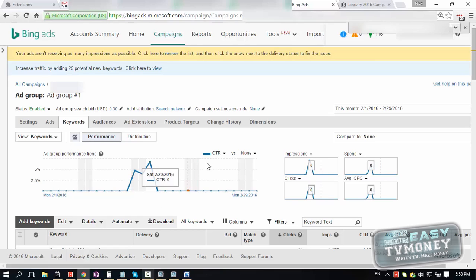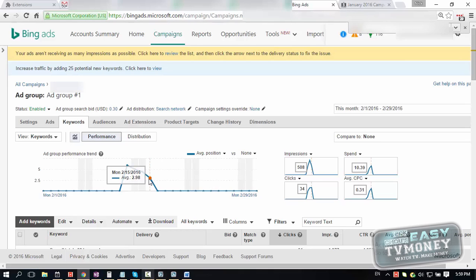Another way to look at this is the average ad position. Do you see the pattern here? The average ad position is clearly improving every single day, right? First is 5.88, then 4.99, then 4.39, then 2.98.